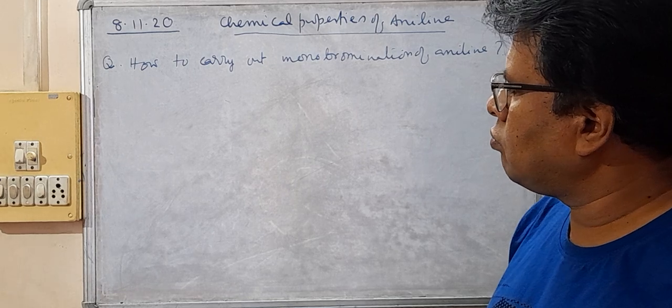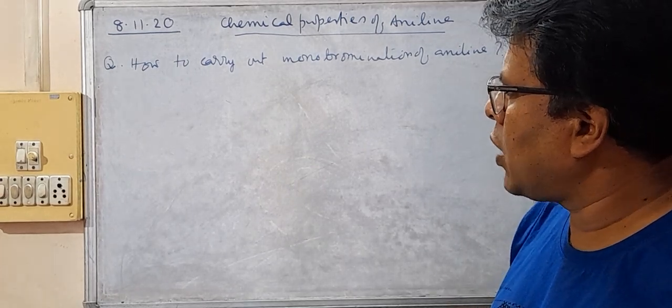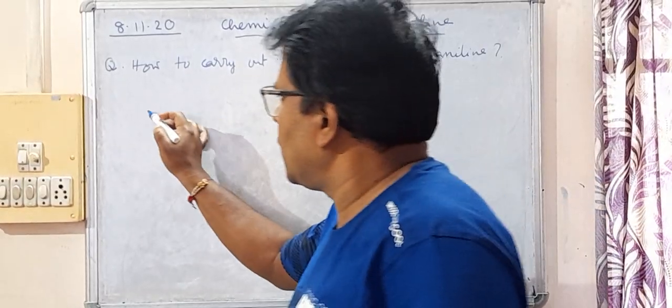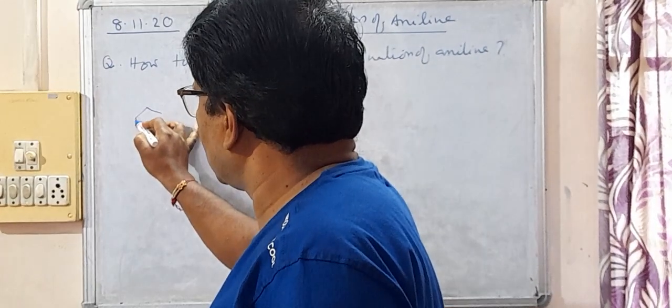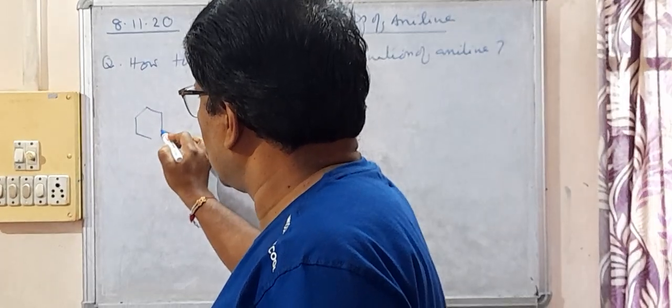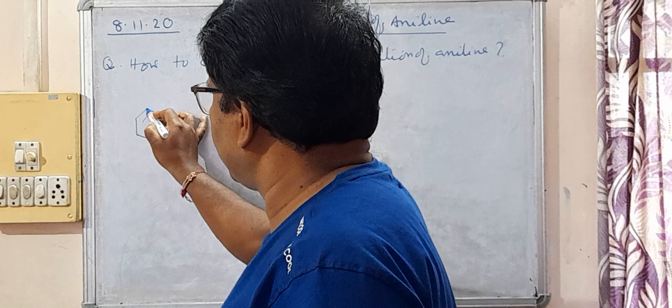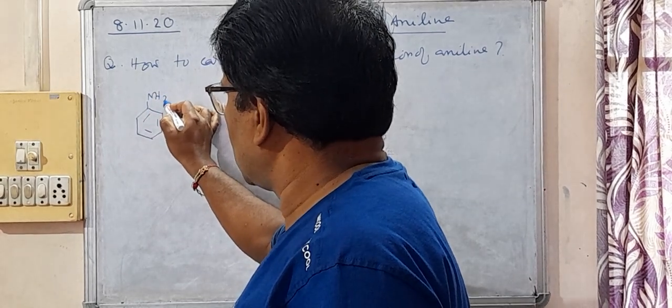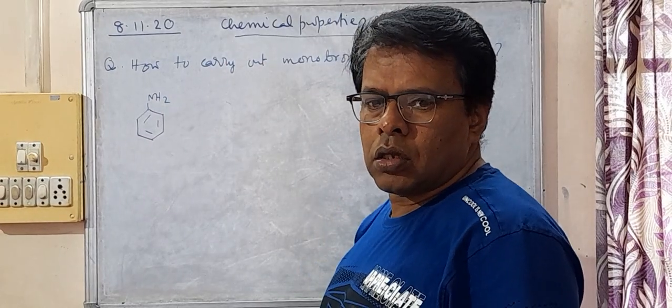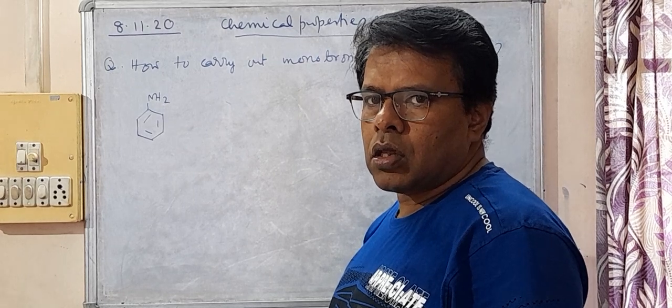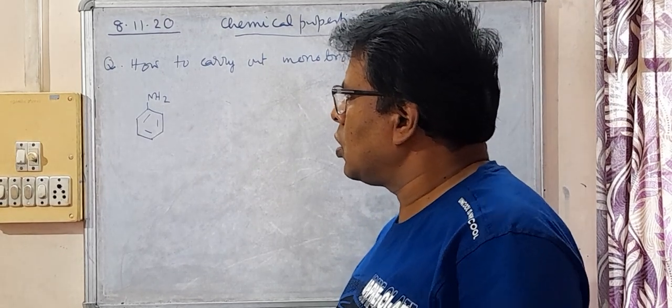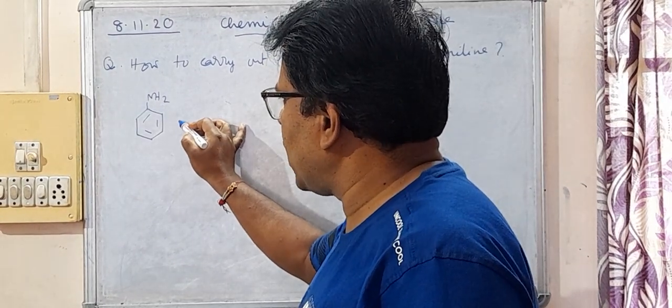So, this is the way to carry out monobromination that I am showing. In order to do monobromination, first we have to do acylation.